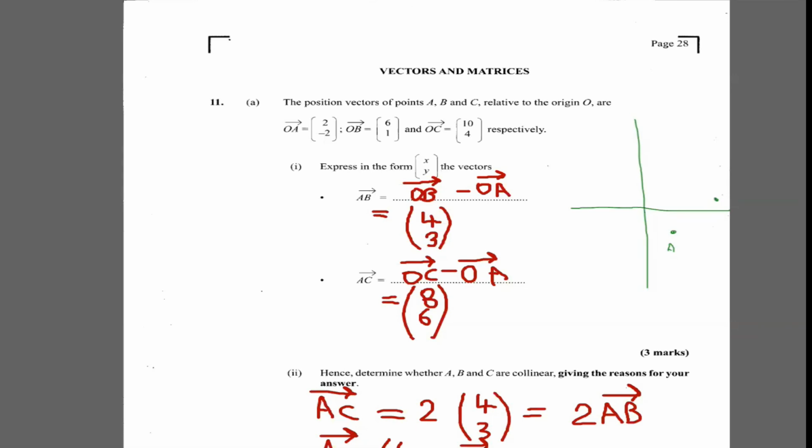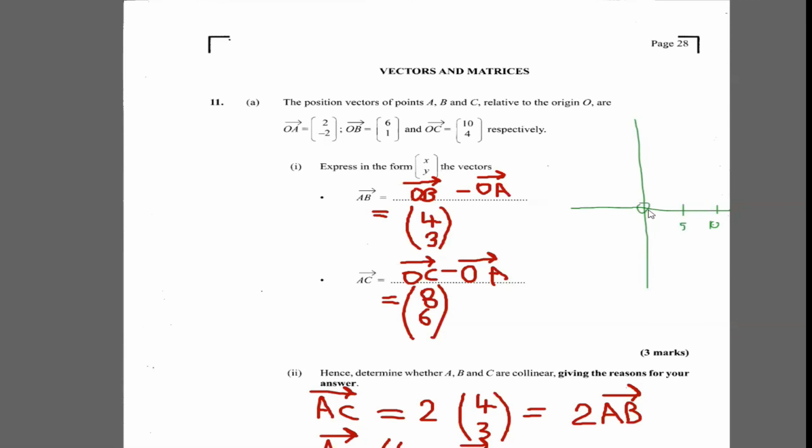Let me not go so far out. Let's say here is 10 on the X, cut it in half, here is 5, and here is 0 on the Y-axis.